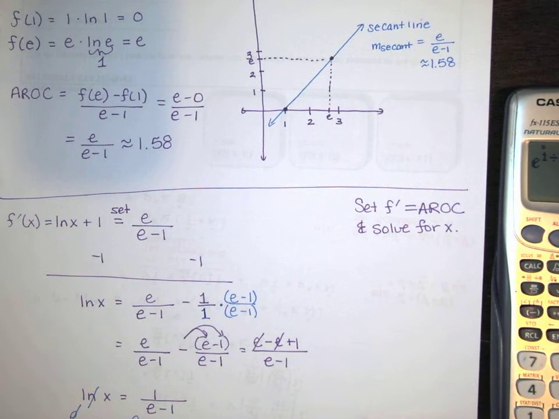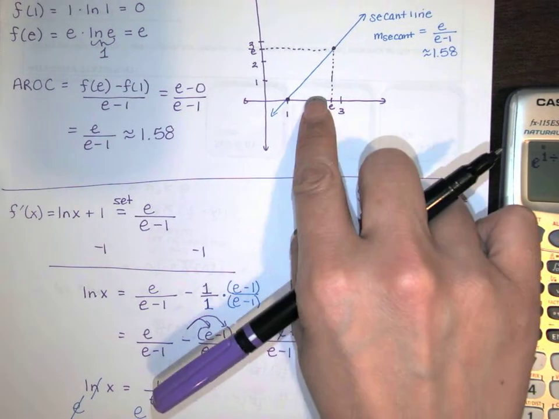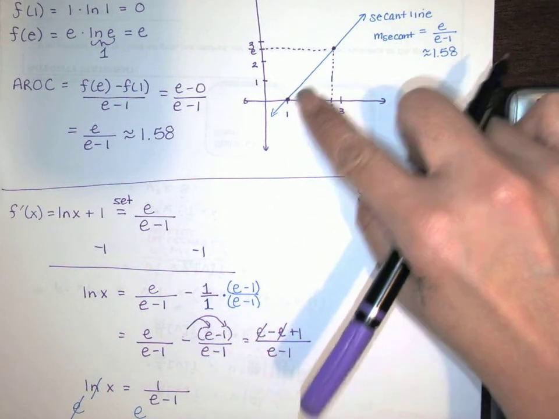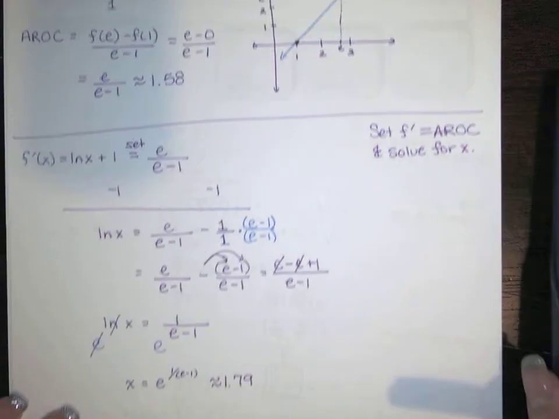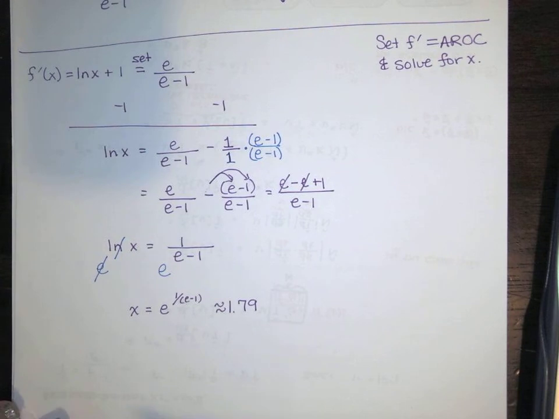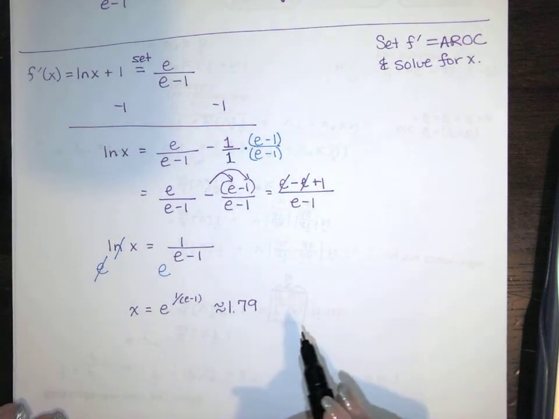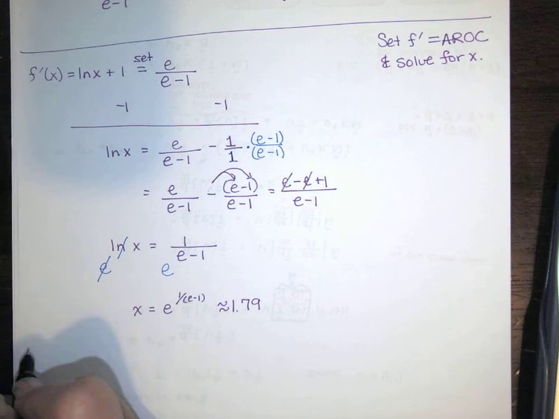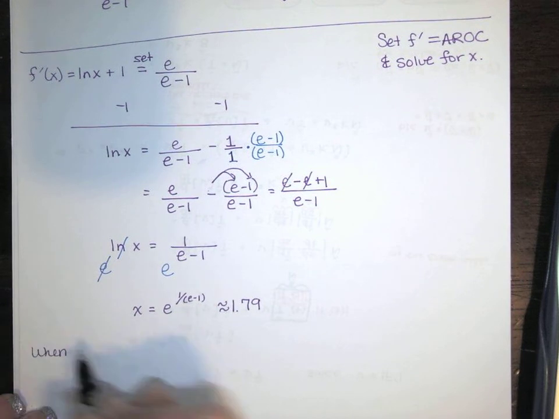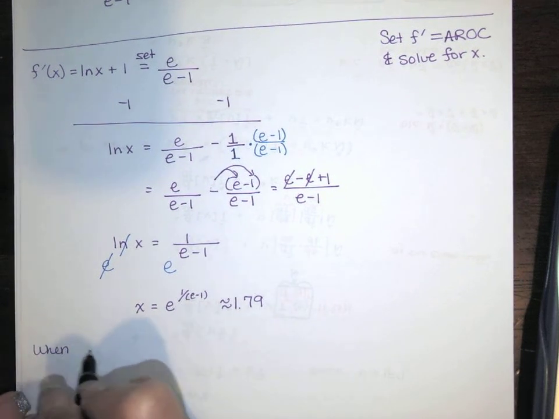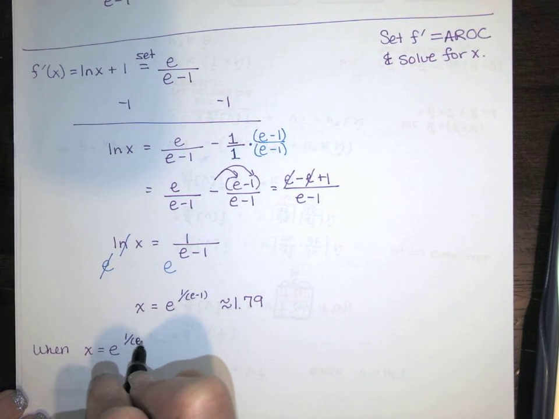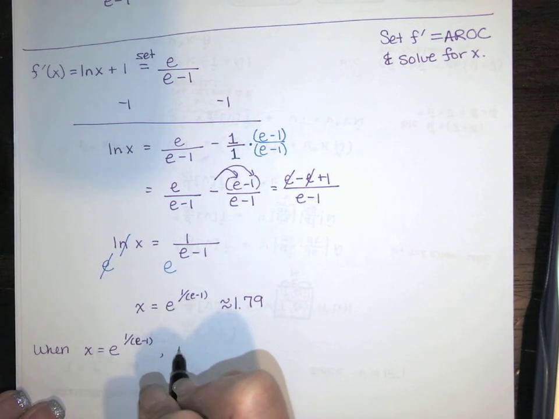So they're telling us when x equals 1.79, the tangent line to the graph is parallel to this secant line. Just to draw the graph a little bit better, to see where that point lies, let's evaluate the original function at this value. So I'm trying to find the y value that goes with this x value. So I'll just substitute this for x into the original function.